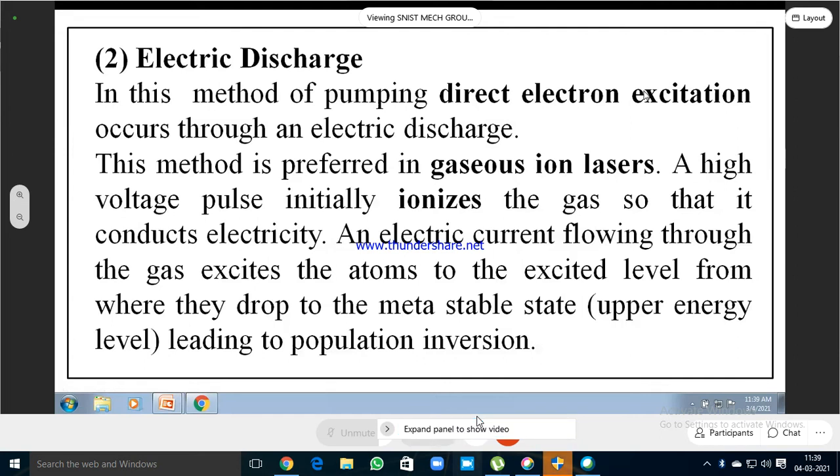A very high power electrical charge will be given.